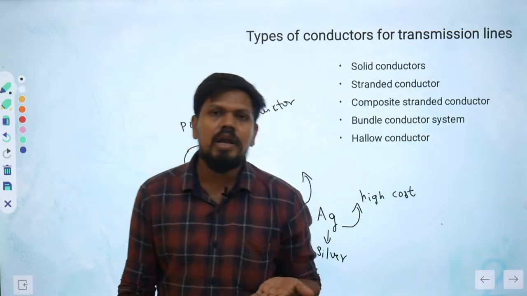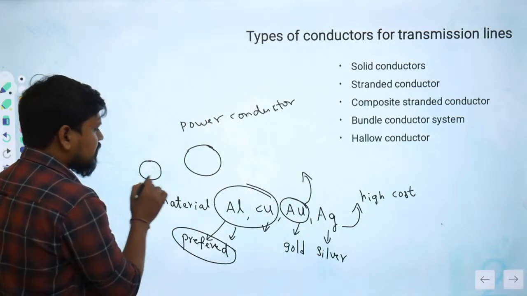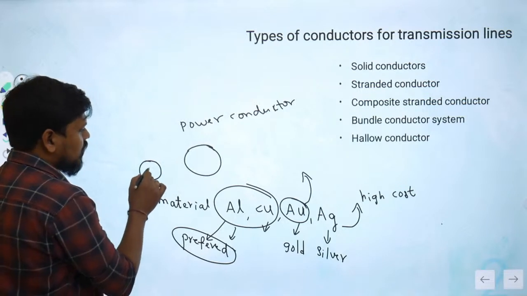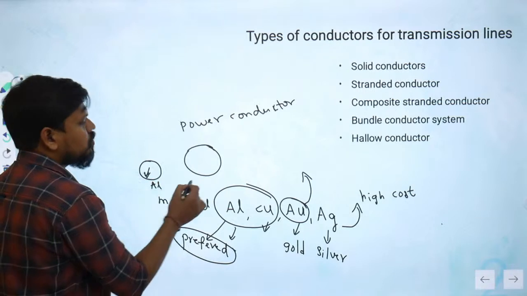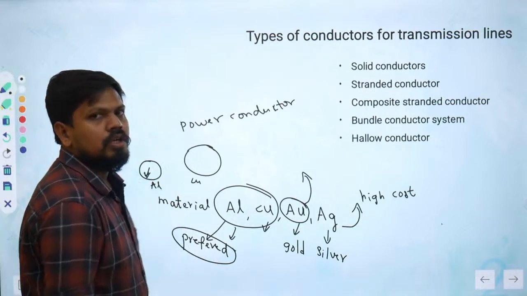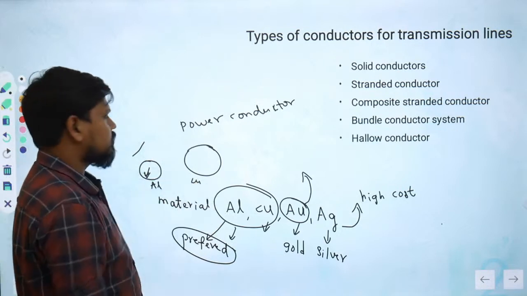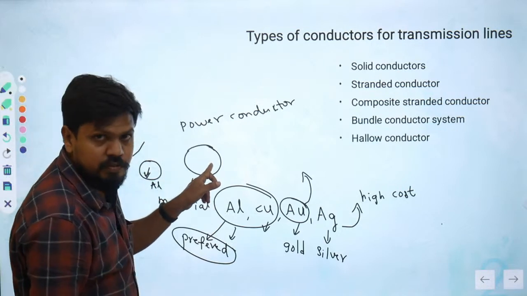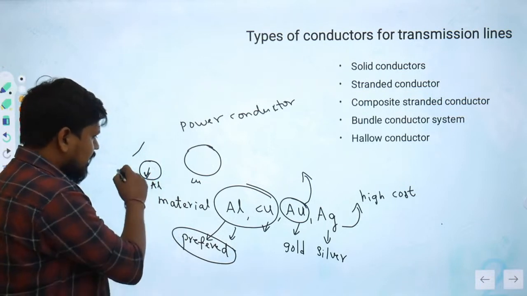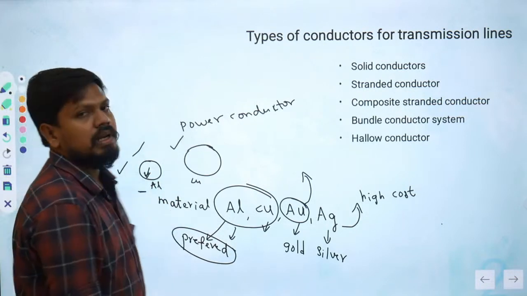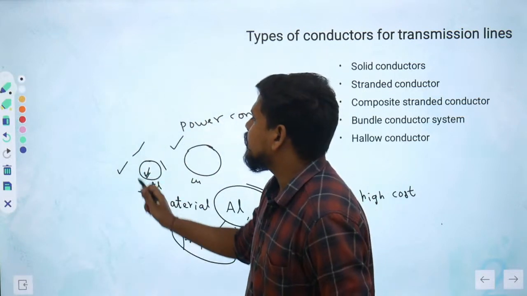To decrease those losses, we will not use a bigger conductor, like the thickness of the conductor, we will make it smaller. Say this is aluminum and this is copper. For the same amount of loss, if 200 watts of loss will be there, the size of aluminum will be like this, and the size of copper will be like this. What will you prefer? You will prefer aluminum material only.